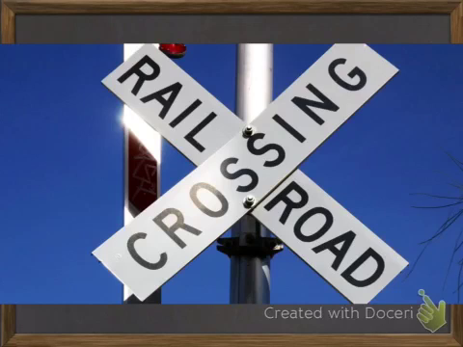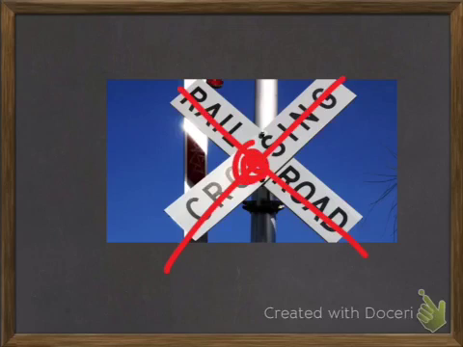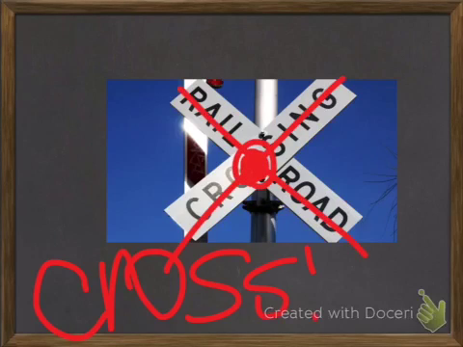Let me show you another example of intersecting lines. Oh, look at this one. Another very good example of intersecting lines is this one, the railroad crossing sign. They intersect and they cross right here. They cross. Easy, right? Intersecting lines cross.